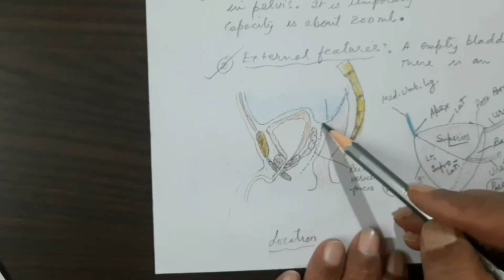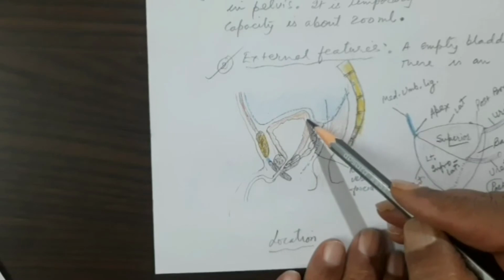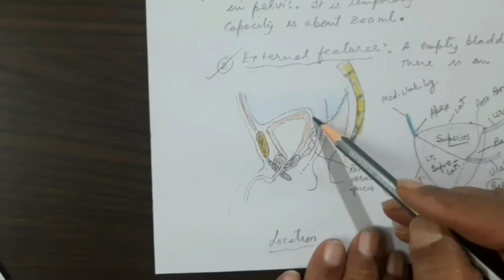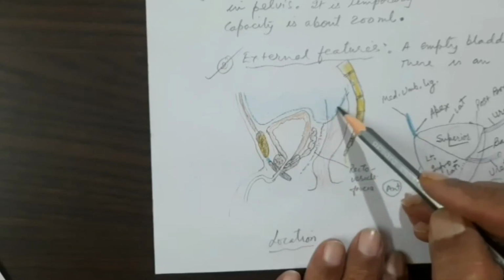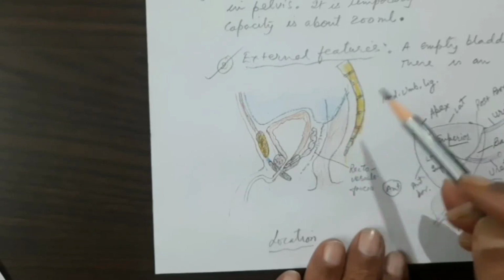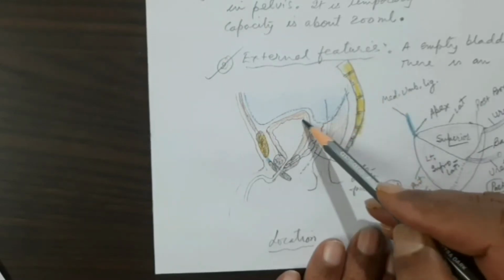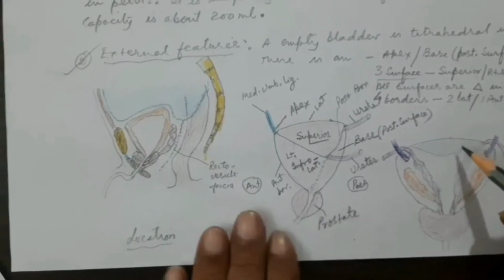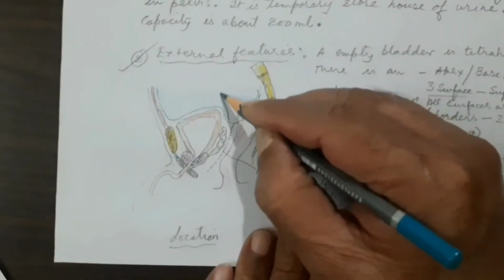So a pouch-like structure is formed here when this peritoneum is reflecting from the upper border of the base of the urinary bladder to the rectum, and this pouch is called the rectovesical pouch.